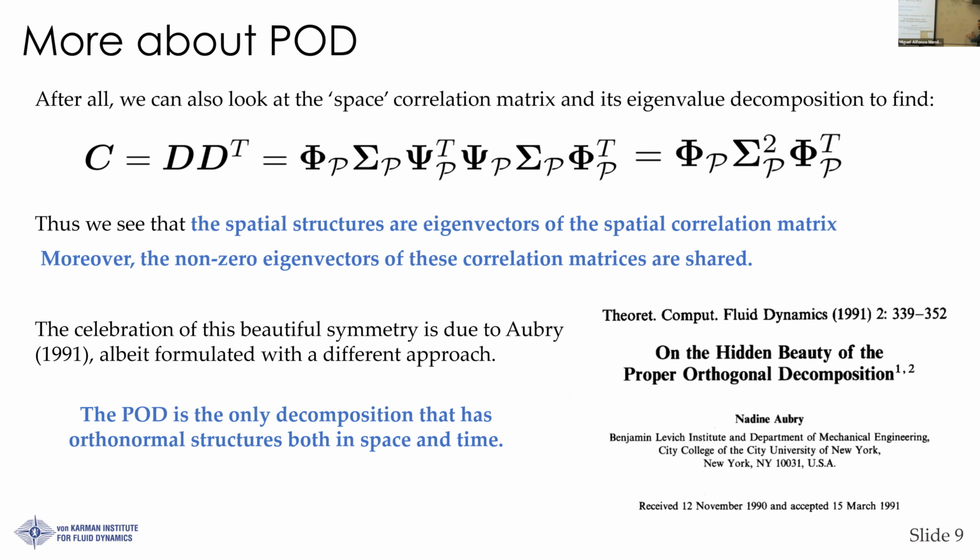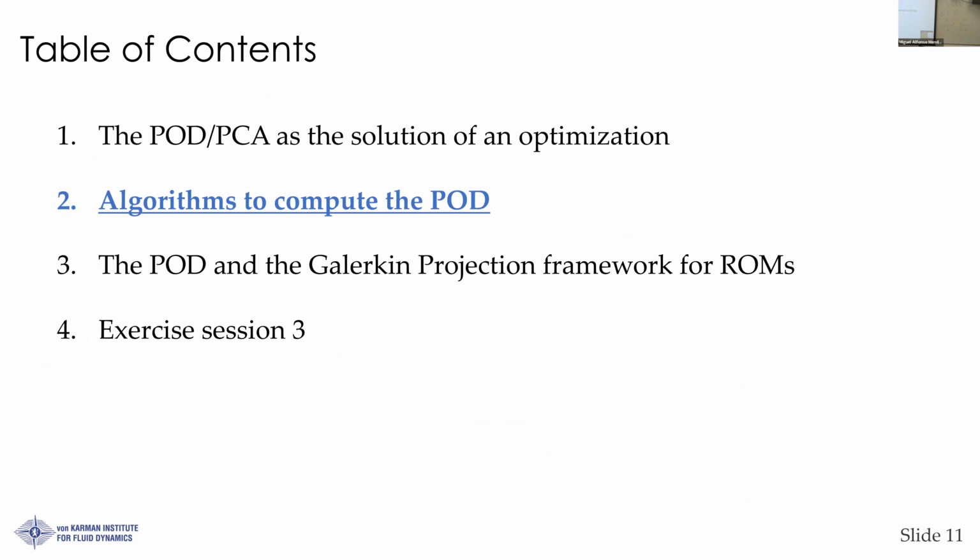SVD and POD are perfectly equivalent if we use the inner product that we have used so far. But where your sampling is not uniform and you have to introduce a weighted inner product, or you want to do the integration for the inner products in a more sophisticated way, then we will depart from the SVD. For all the simplifying cases that we have mentioned, we land in the SVD.